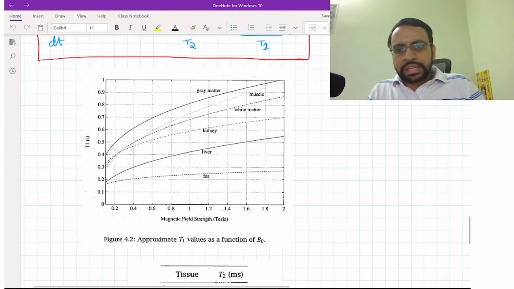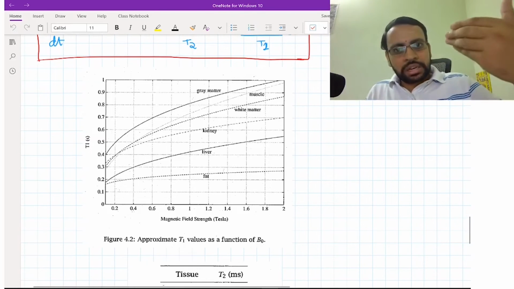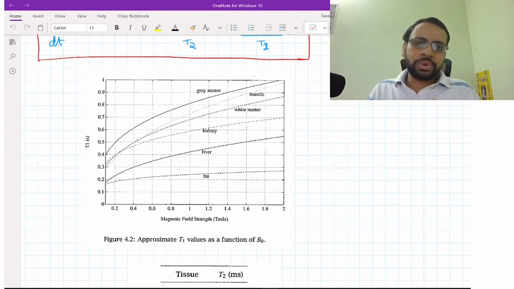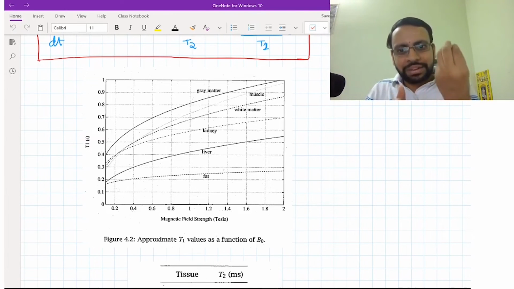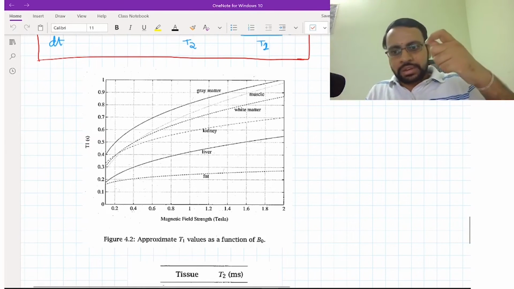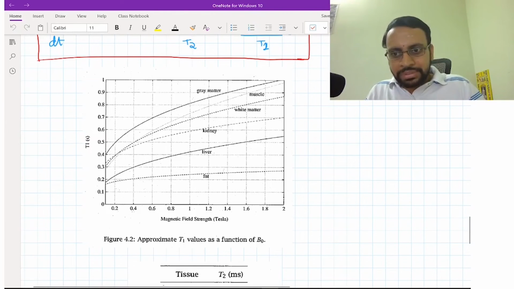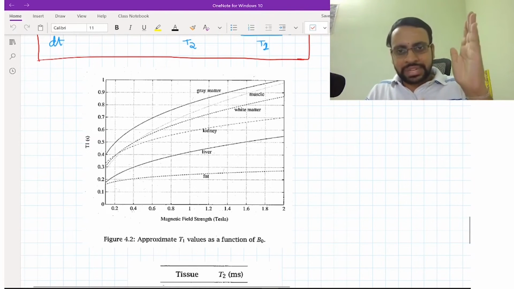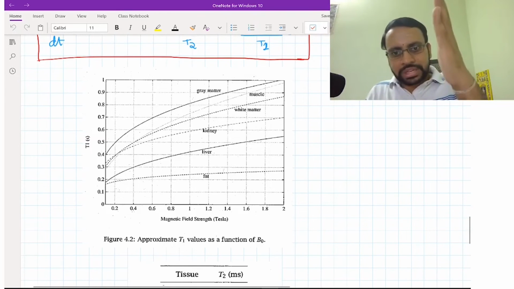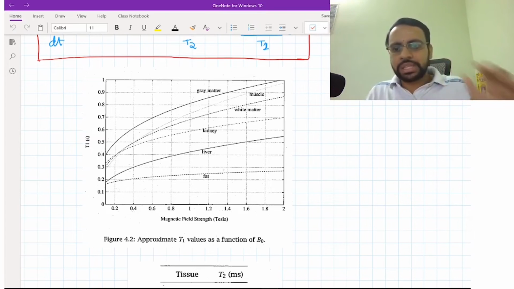For example, gray matter is something that takes a lot more time. This is how you could make a distinction and figure out, for a given magnetic field strength, depending on the magnitude of Mz that you are observing at a given time, whether it's gray matter, muscle, white matter, kidney, liver, fat, and so on.